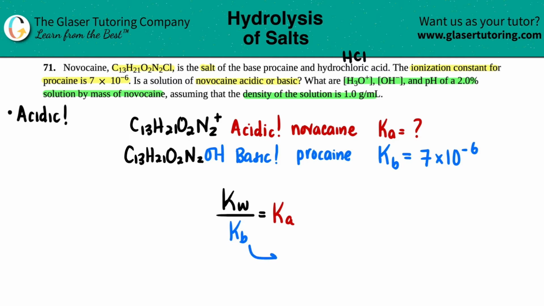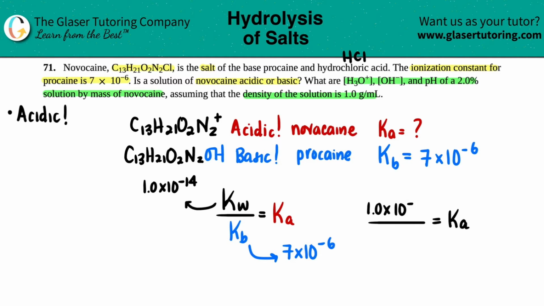Okay, well, they told us the Kb value is 7 times 10 to the negative 6th, and they didn't tell me what temperature we're at, but I'm assuming that we're at room temperature because that's the only Kw that they would expect you to memorize. The Kw at room temp is 1.0 times 10 to the negative 14th. So that's the first thing we're going to do. We're going to take the Kw, divide it by that Kb to find out what that Ka value is.